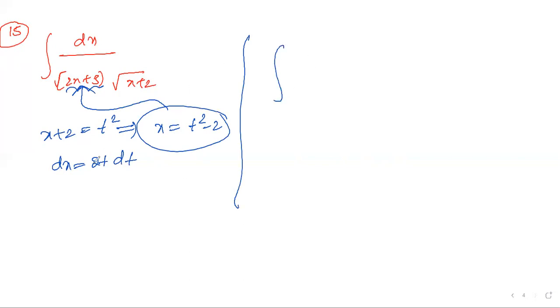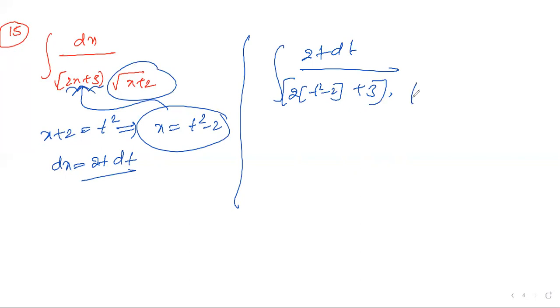Integration, dx is there. dx means 2t dt. 2 dt by 2 times x, what is x? t square minus 2 plus 3. I can simplify. Now this is where I place t, then directly cancel your t. Now integration, 2 I took out. So dt by 2t square minus 4 plus 3.